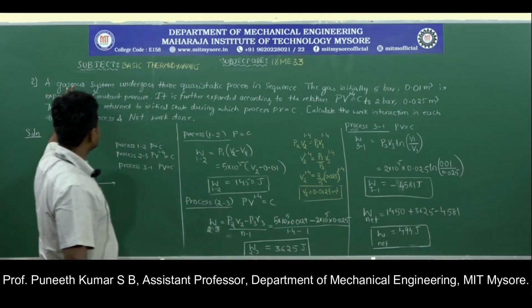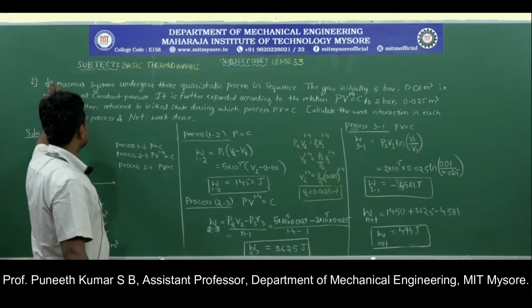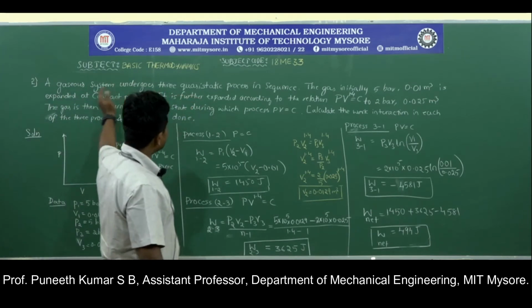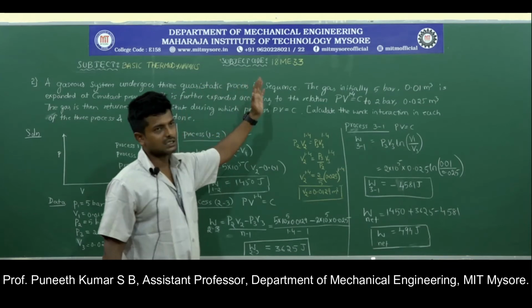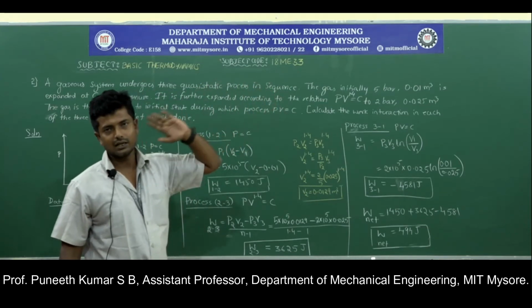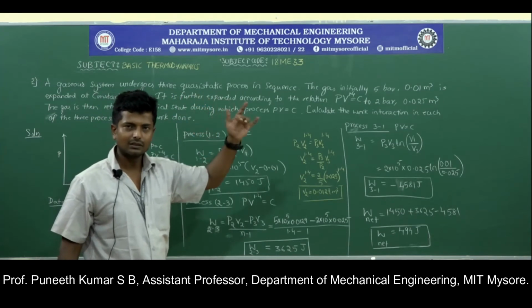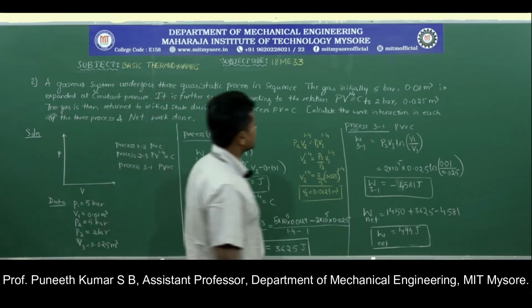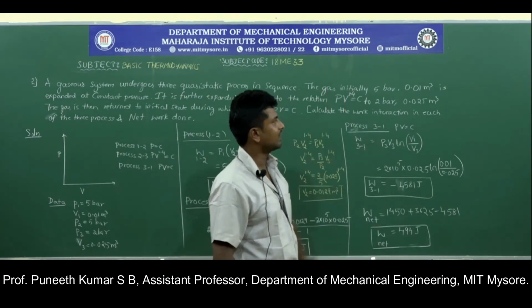So here the working fluid is gaseous, that is, the system is a gas, and it is undergoing three quasi-static processes in sequence. That means there are three processes happening one after the other. The gas initially is at 5 bar.